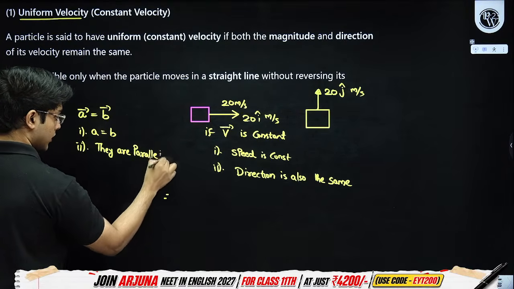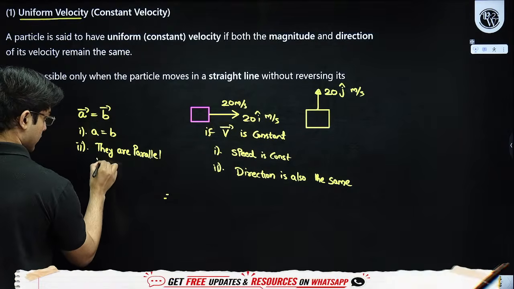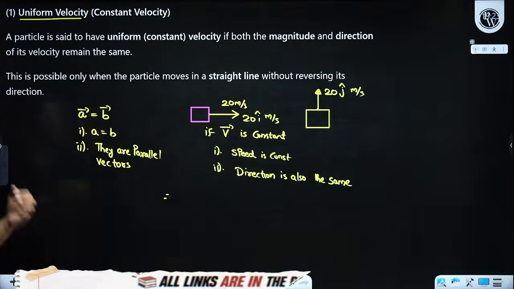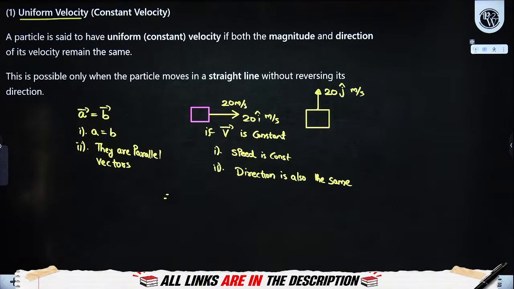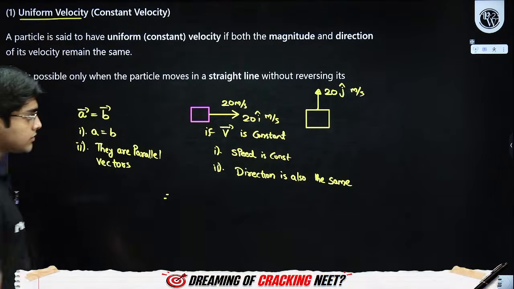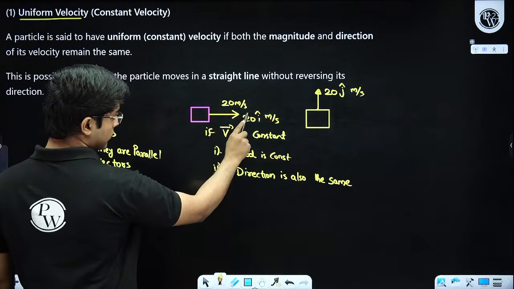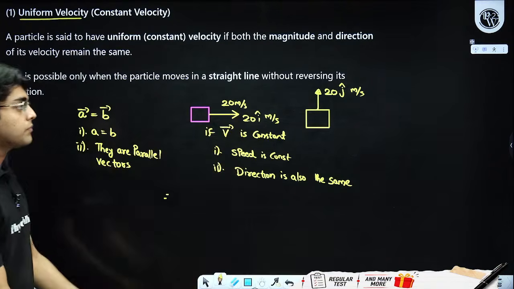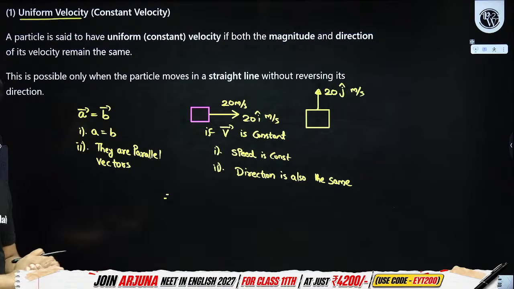So these two conditions need to be satisfied. Their direction and magnitude should always be the same. That is the important point here. So constant velocity means if it's 20 meter per second to the right, it is always 20 meter per second to the right.